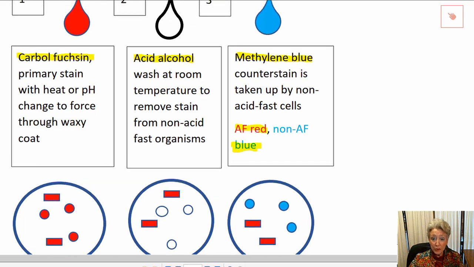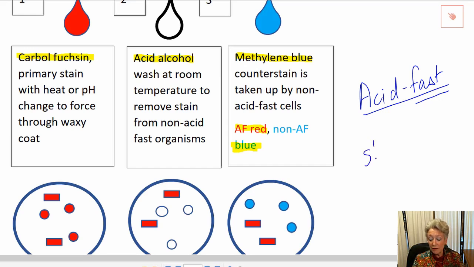Now, notice that we don't go positive and negative here the way we talked about with the gram stain. And sometimes this is a little confusing to people because the term acid-fast is really used in the British use of the word fast. If you think of words in British English, like steadfast and hold fast, those are terms that indicate that something is being held onto tightly.